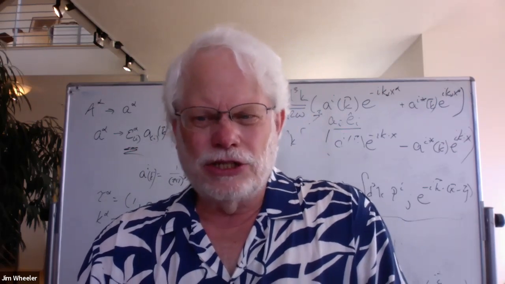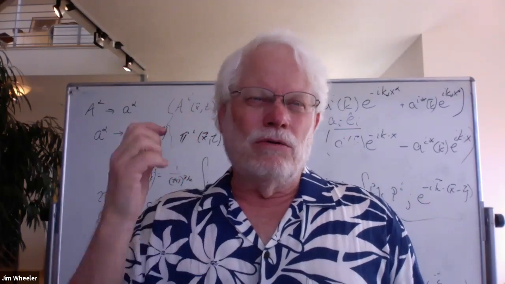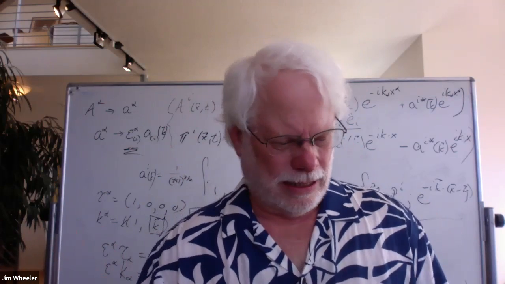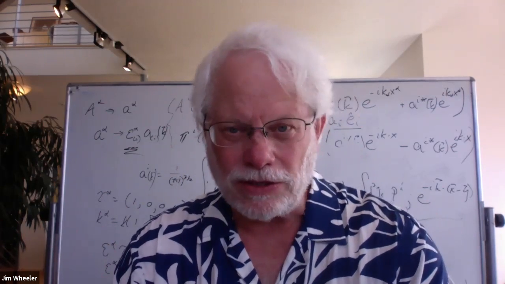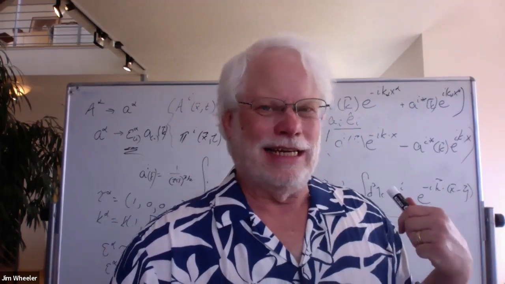Is this like the energy step function type of thing that we did earlier? No, not an energy step. We're projecting to a subspace of some fields. We're only allowing certain fields.